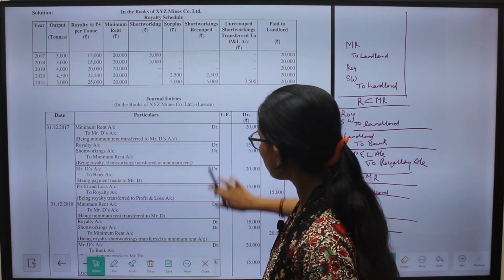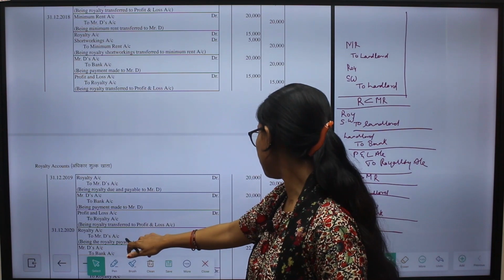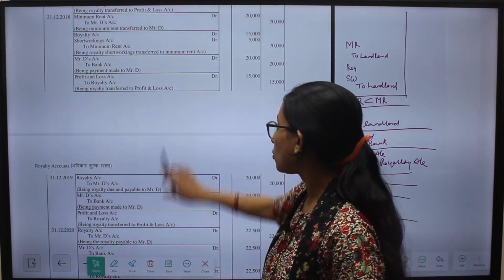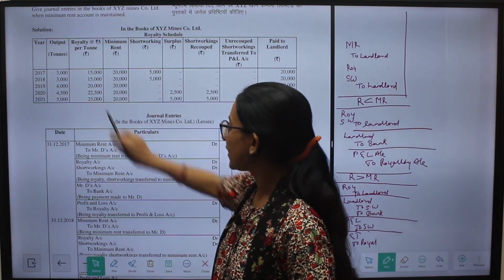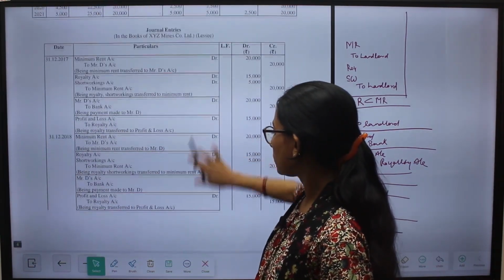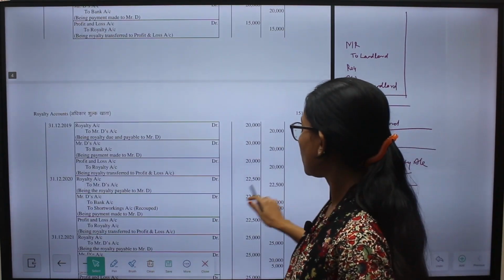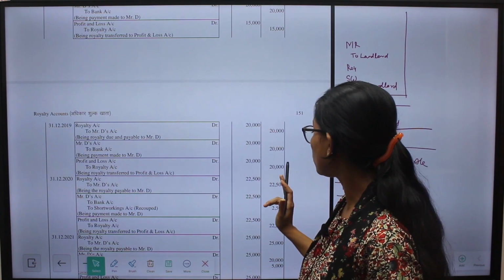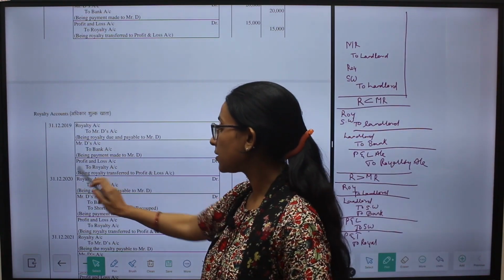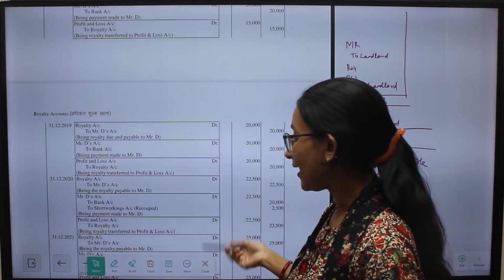The due entry will be royalty account debit to Mr. D, that is the lessor. The royalty account is rupees 22,500. So we will debit the royalty with 22,500 and credit Mr. D with 22,500.